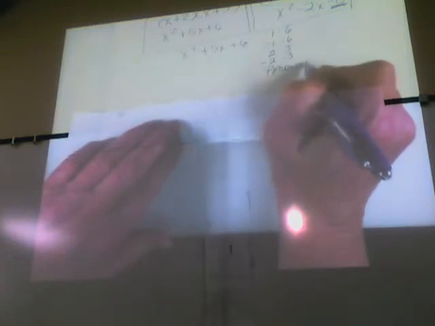Now, which one of those products would add, which one of these would give you a sum of 5? The +2 and +3, right? So you want to get the one that has the correct sum. That's where, if you were given this, you would know you would use a +2 and a +3 here.